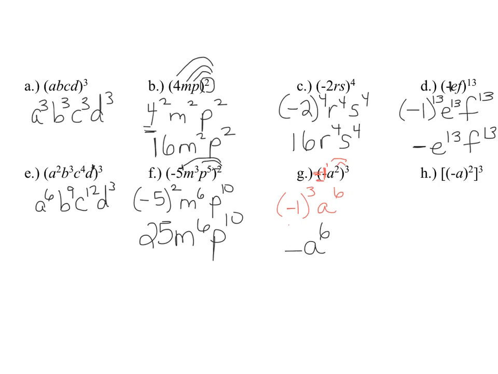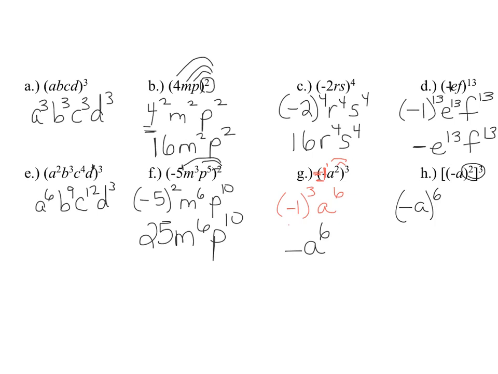Now the next one's a little bit different, because this one has parentheses and brackets. What you have to do first is go ahead and do these exponents, but you have to keep this negative a in parentheses because it's currently in parentheses. So when I rewrite this, I'm going to write this as negative a in parentheses to the 6th power, because what I did just now is I multiplied my exponents. But now I still have to get rid of these parentheses.